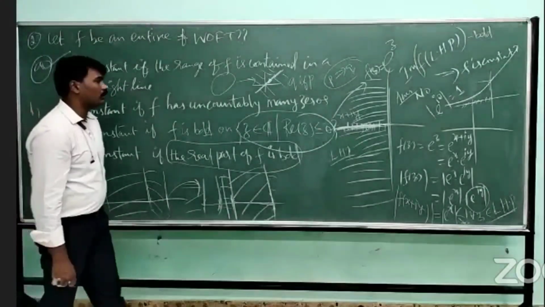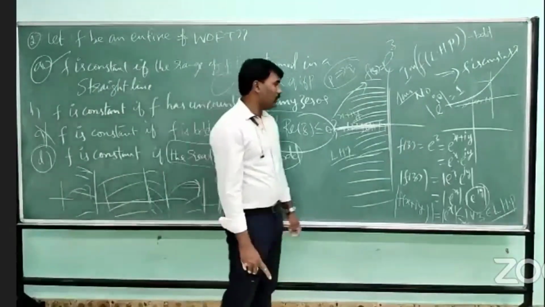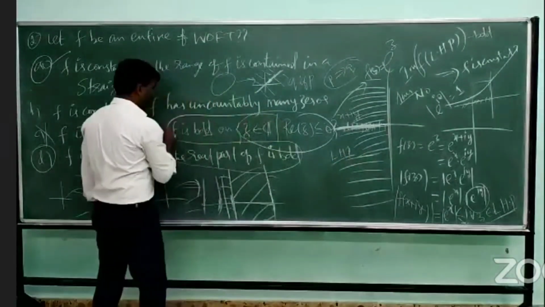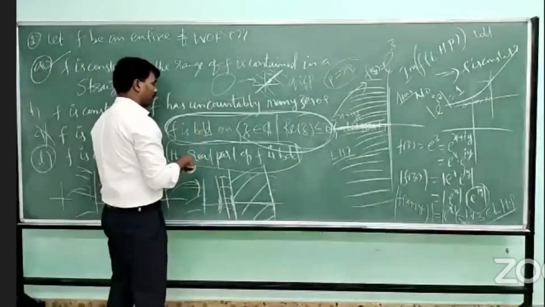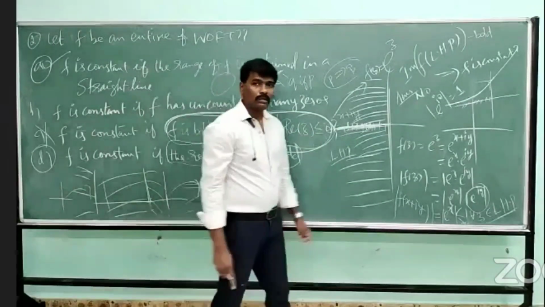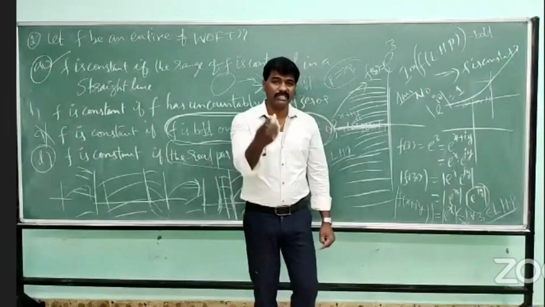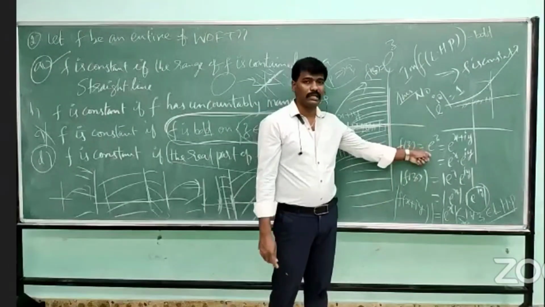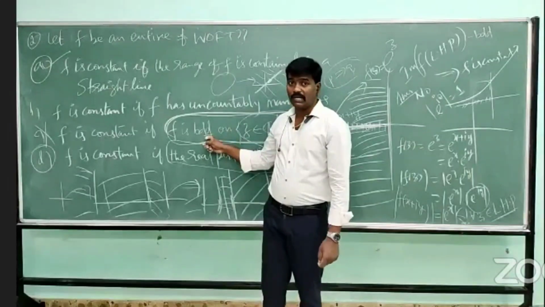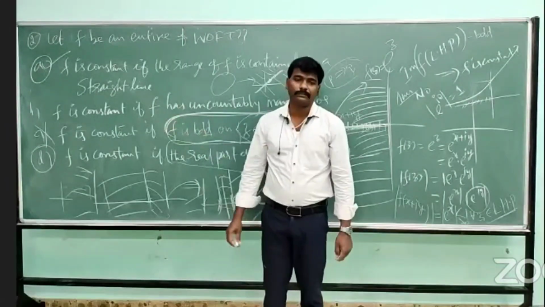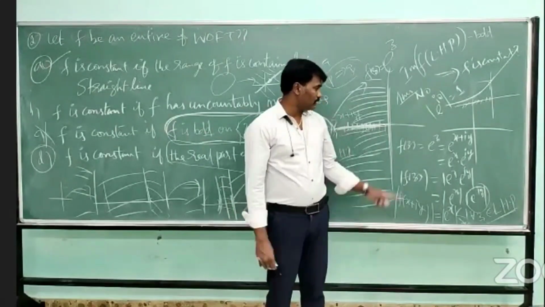I have an entire function with this property, bounded image in the left half plane, but f is not constant. e power z is a non-constant entire function, and this property does not always imply constant.